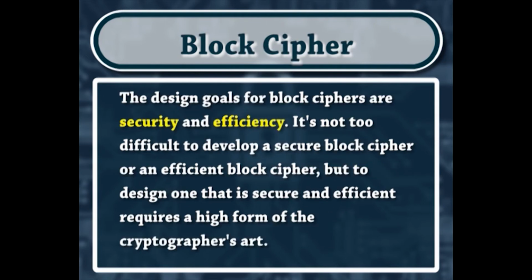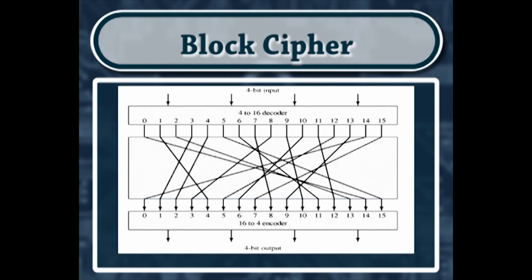The design goals for block ciphers are security and efficiency. It is not too difficult to develop a secure block cipher or an efficient block cipher, but to design one that is secure and efficient requires a high form of the cryptographer's art. The figure illustrates the logic of a general substitution cipher.